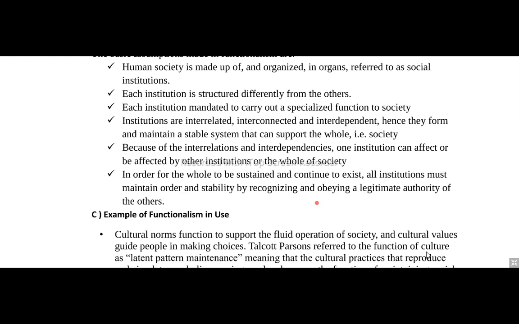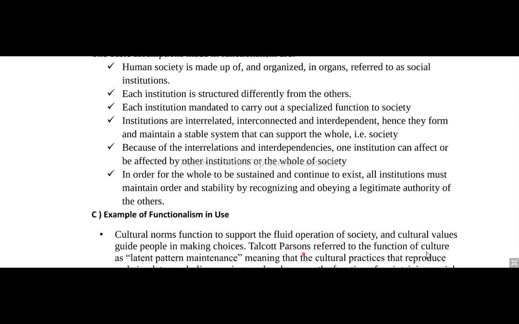Otherwise, when they are not respected, there will be disorder and people will be destabilized. You remember during the pandemic, the post-election violence, it affected all sectors. And there was instability in the country. There was no order in the country.